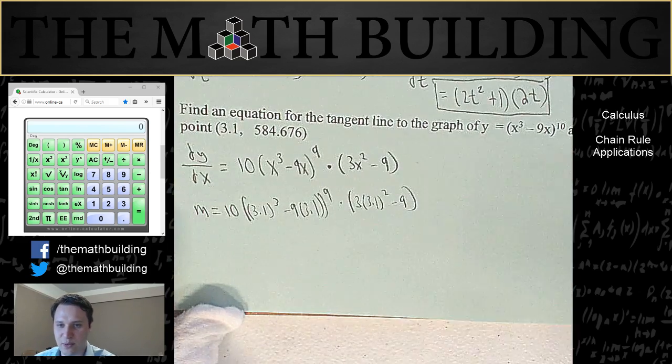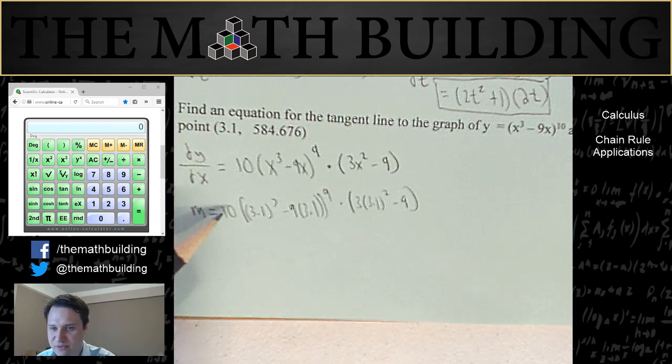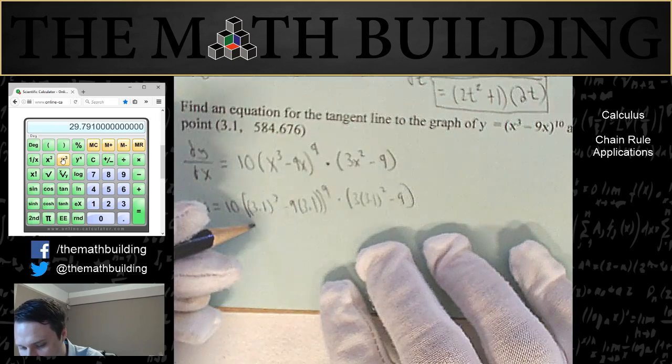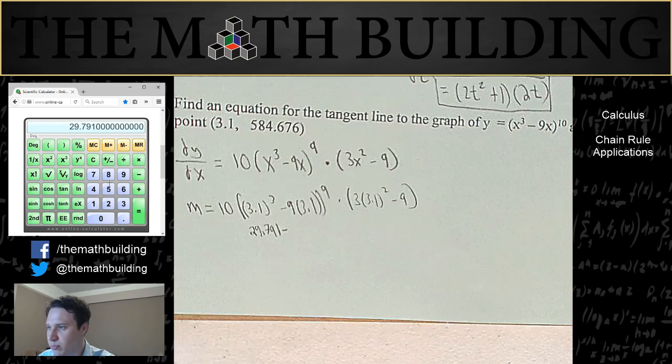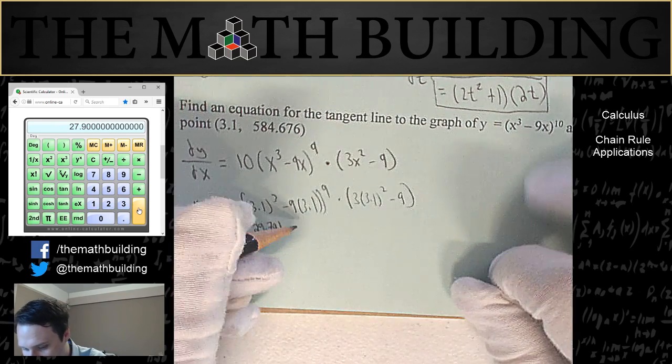So let's quickly figure out what this is. We've got 3.1 to the 3, so 3.1 cubed, which is 29.791, minus 3.1 times 9, which is 27.9.